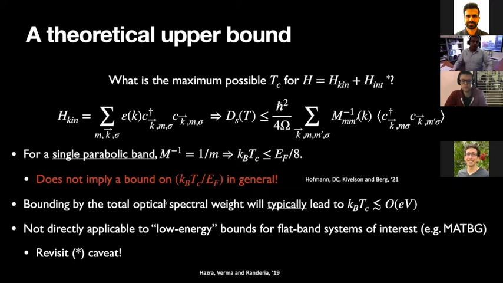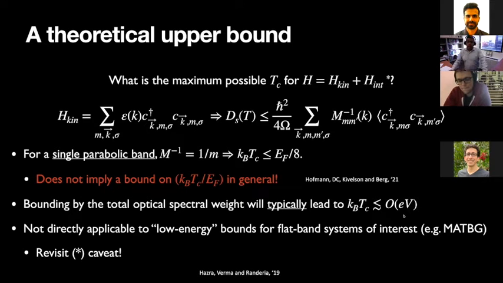Now, there are various other limits that you can consider. The question is, yes, this is a totally rigorous upper bound, but typically in most quantities that we might be interested in, this will lead to the conclusion that your TC is bounded by an energy scale of the order of a few eV, okay? So it's not a very tight bound.